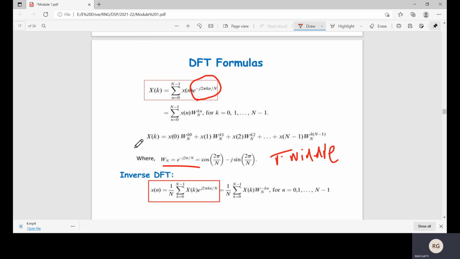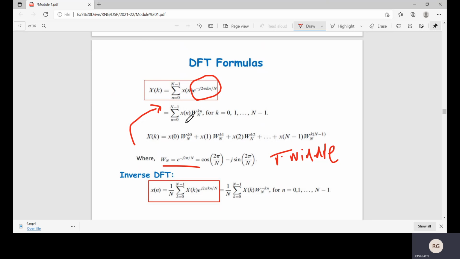If I substitute that into the given expression, the discrete Fourier transformation of the given signal x of n will be represented as summation n equals 0 to N minus 1 of x of n into omega N to the power of kn, where k takes the value 0 to N minus 1. When you want to solve this DFT equation, you need to expand this summation. n takes the value 0 to N minus 1.